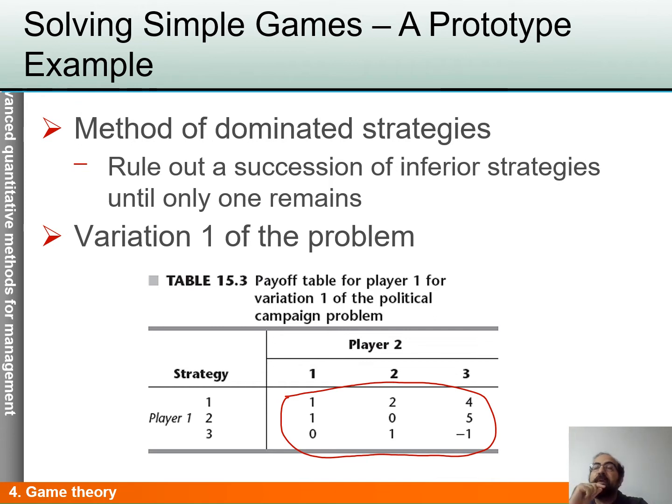When we are talking about a pure strategy, it means that, for example, the strategy 3 of player 1 and strategy 2 of player 2. Okay, it is a possible solution. Based on the different steps, we'll find this pure strategy.